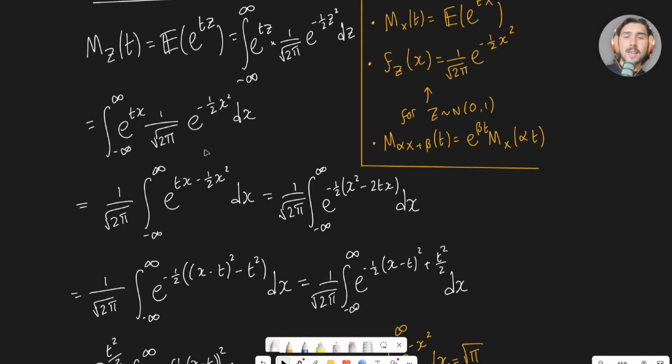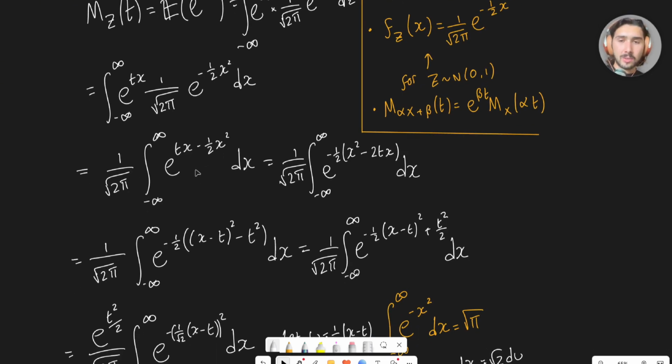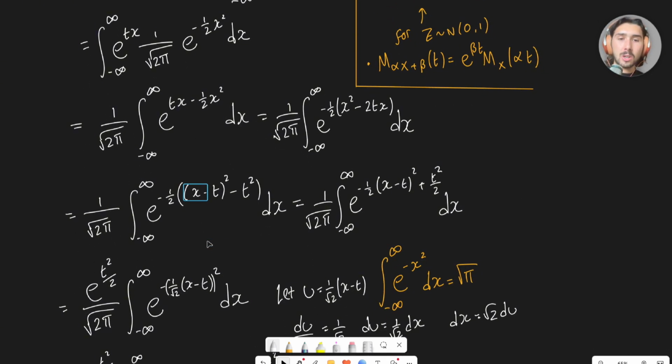We simplified it and completed the square in the power, because it's a very difficult integral to do without. It might even be impossible, I don't know, but definitely the easiest way is to turn it into basically the Gaussian integral, which is what we've done.